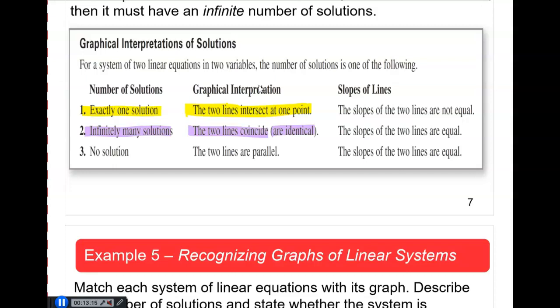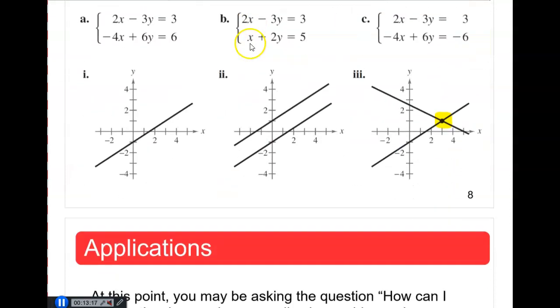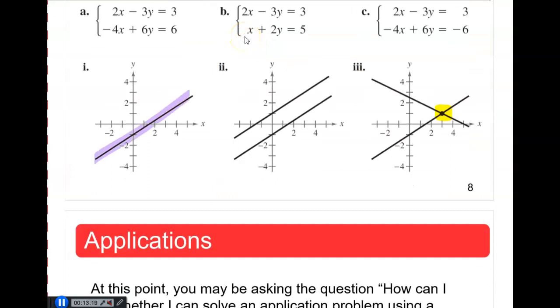So those lines are identical. Here you have one line and then you have the other one overlapping. Those two lines are just the same line, and so they will have infinitely many solutions.